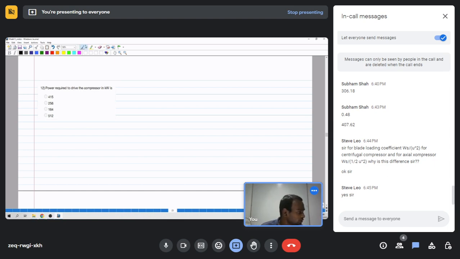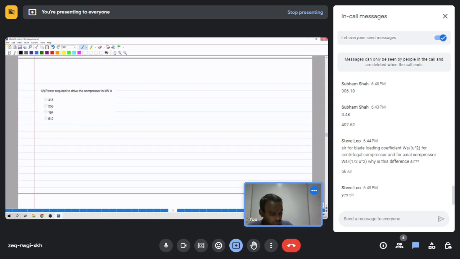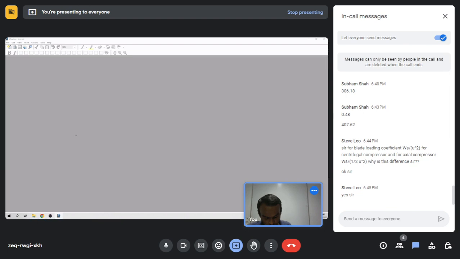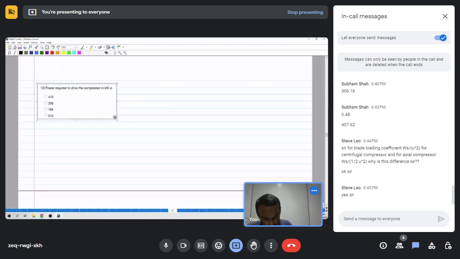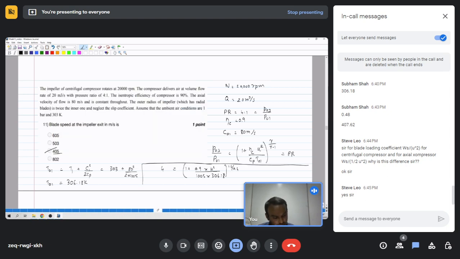So that work done per mass of the fluid is, we have U2 CW2 minus U1 CW1.